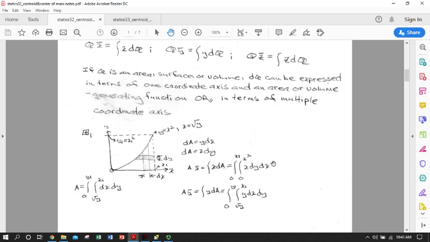So if we integrated these two expressions, remembering your rules of integration for multiple variables, just like taking the derivative, if you're integrating something with respect to one variable, you treat all the other variables as if they're constants, and you integrate from the inside out.